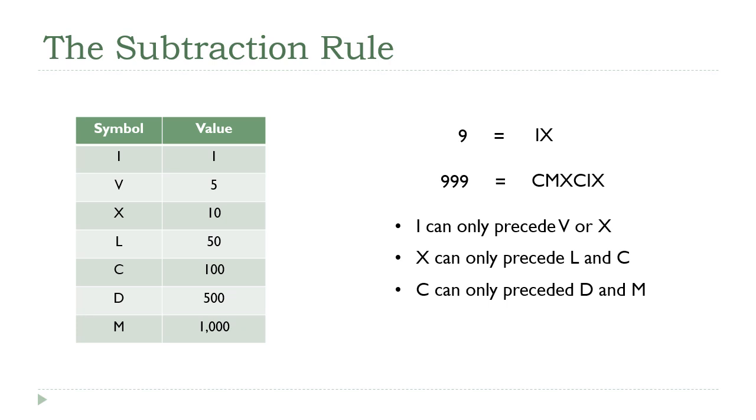So an I, that's a 1, right? A 1 can only precede a 5 or a 10. A 10 could only precede a 50 or a 100, and so forth, right? So we couldn't put a 1 in front of an M, an M is way too far up the order.